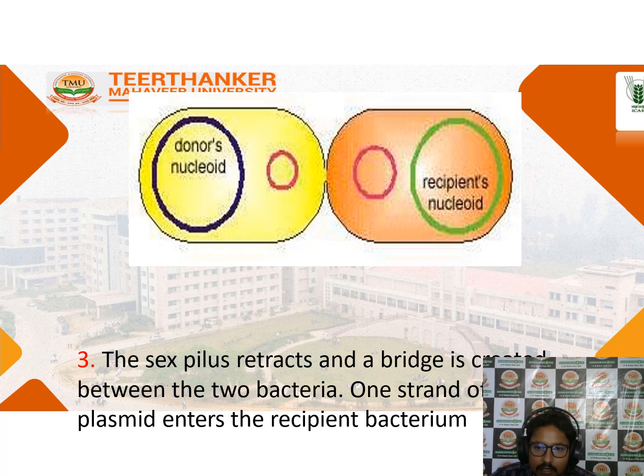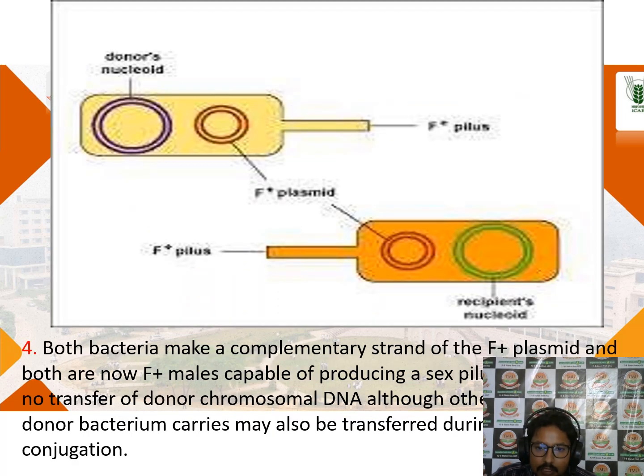So you will find double stranded F plasmid in both cells, as each single stranded plasmid forms its own complementary strand. Now both are double stranded, and the recipient bacterium has also become an F plus cell, as the F factor was delivered to this F minus cell as well.